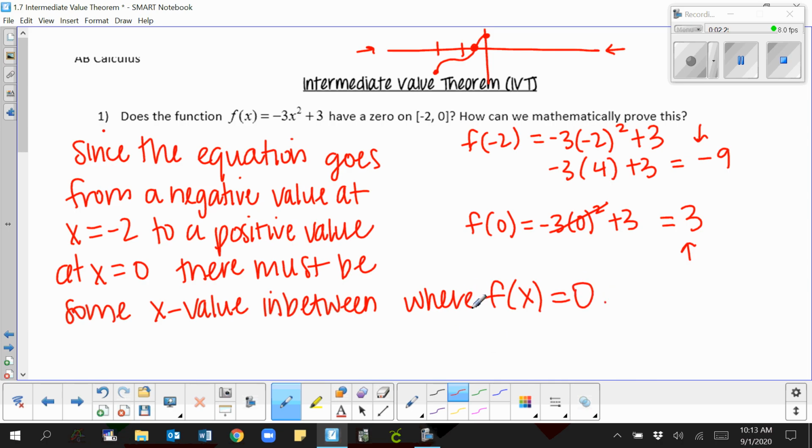Okay, so that's kind of the main idea of our intermediate value theorem.